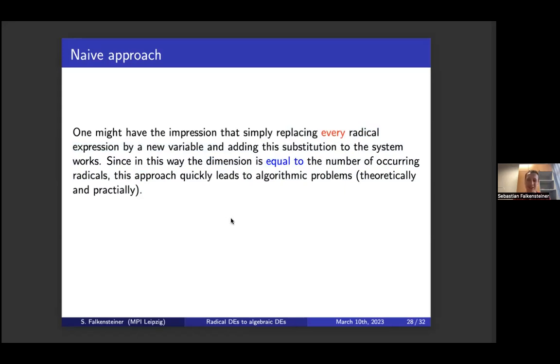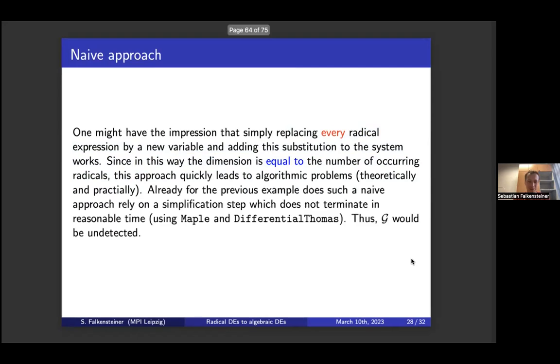And then you run into algorithmic problems very fast. So first of all, for finding parametrizations of an even much higher dimensional object, and also the simplification step gets almost impossible to be performed.